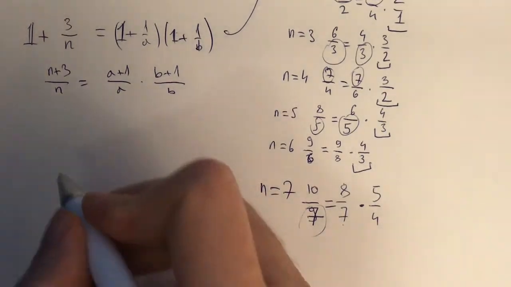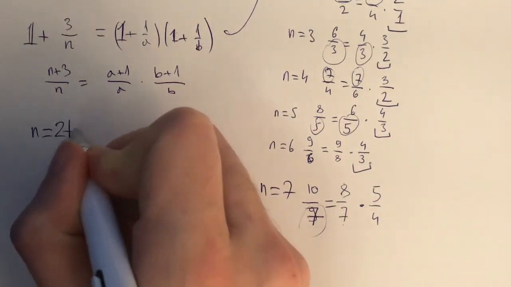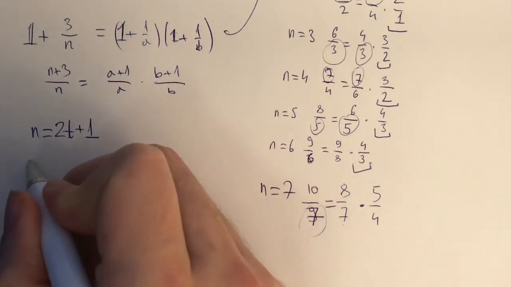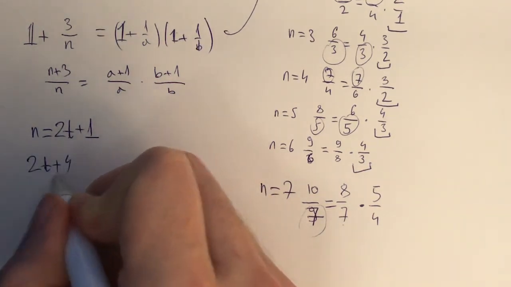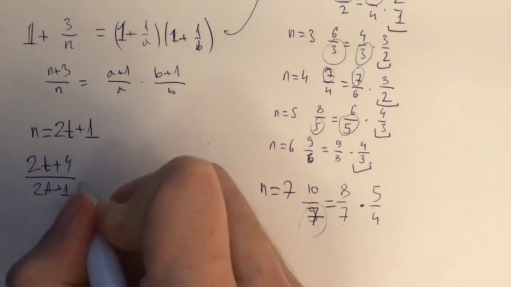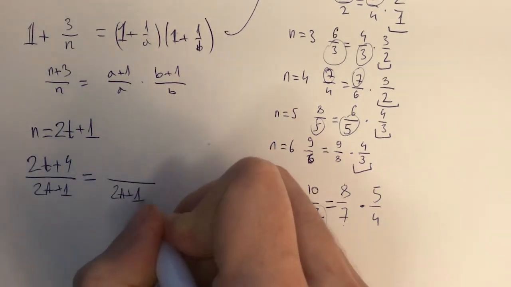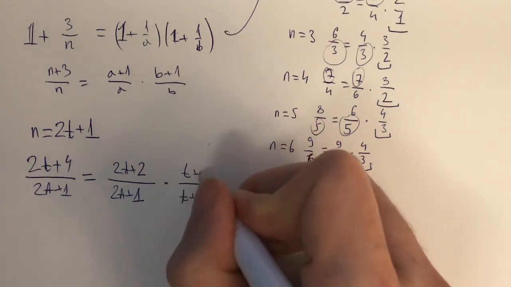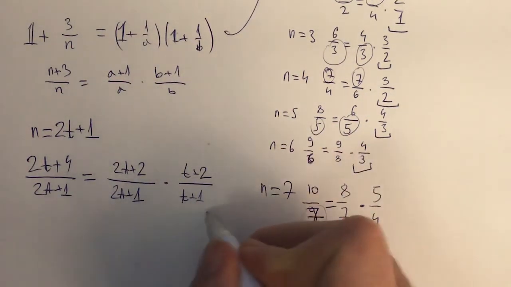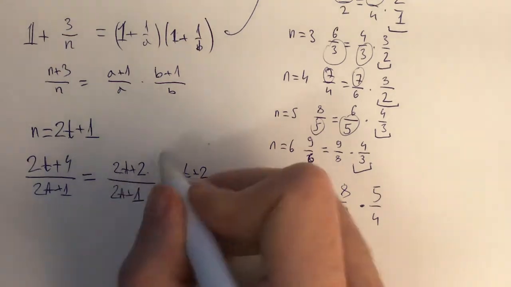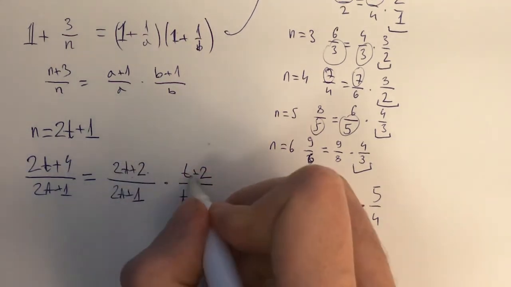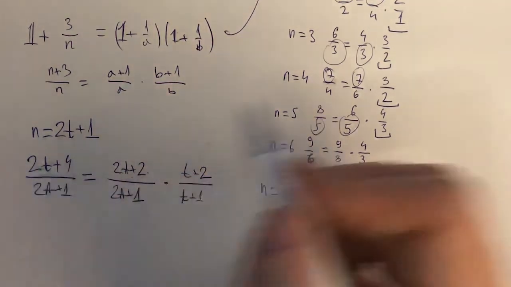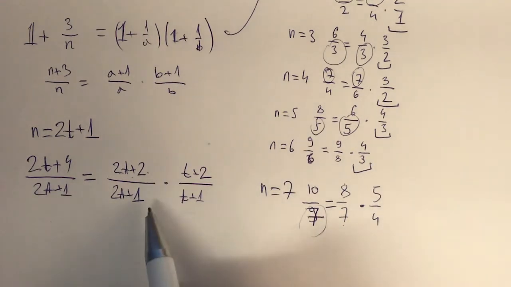In fact, for n equals 2t plus 1, we have (2t plus 4) over (2t plus 1) is equal to (2t plus 2) over (2t plus 1) times (t plus 2) over (t plus 1), because here t plus 1 and twice t plus 1 cancel out, and we're left with 2 times (t plus 2), which is 2t plus 4, and 2t plus 1 on the bottom.